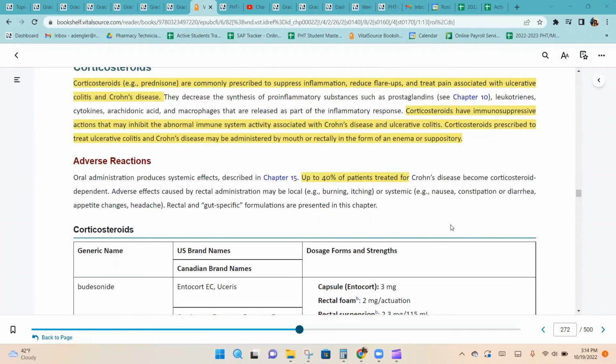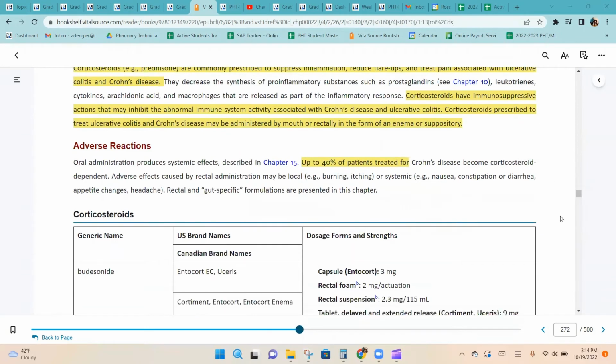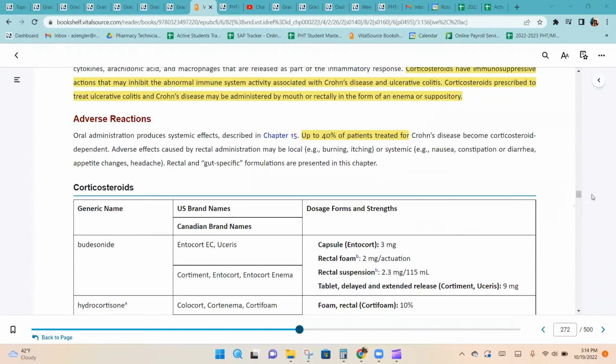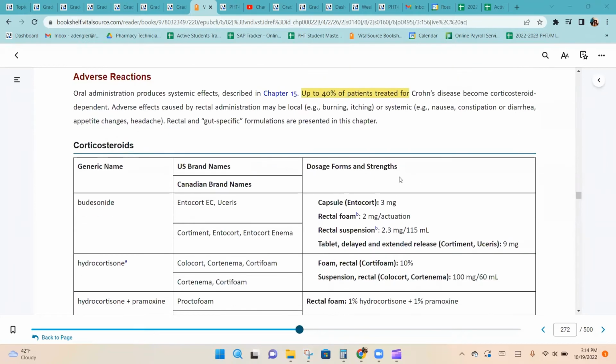Corticosteroids like prednisone are commonly prescribed to suppress inflammation, reduce flare-ups, and treat pain associated with ulcerative colitis and Crohn's disease. Corticosteroids have immunosuppressive actions that may inhibit the abnormal immune system activity associated with Crohn's disease and ulcerative colitis. Corticosteroids prescribed to treat ulcerative colitis and Crohn's disease may also be administered by mouth or rectally in the form of an enema or suppository.